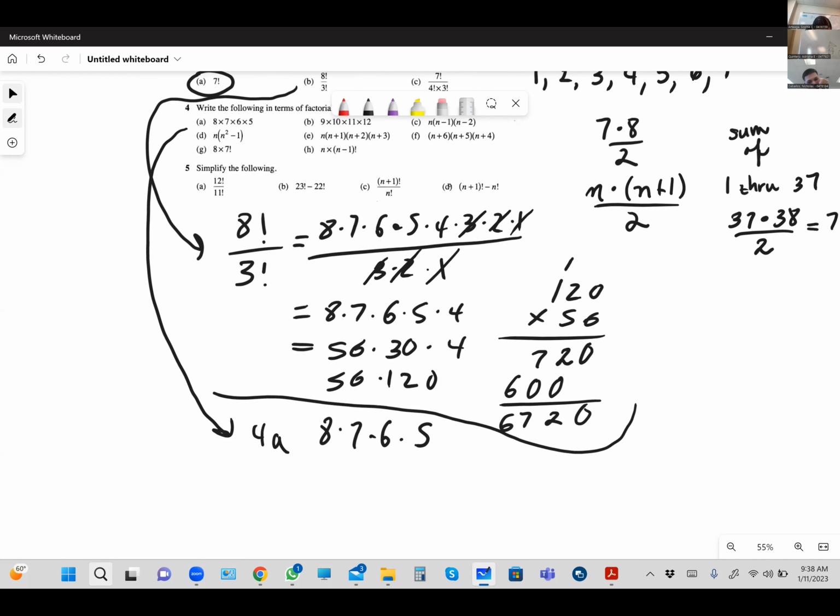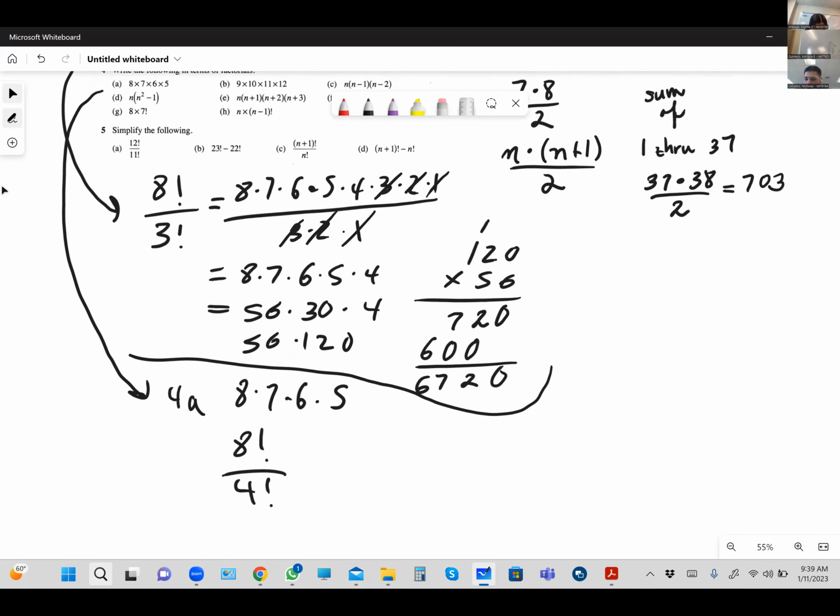Yes, that's exactly right. Easy, right? How about questions or concerns, guys? Anybody lost what happened there? Look, 8 times 7 times 6 times 5 times 4 times 3 times 2 times 1 divided by 4 times 3 times 2 times 1. That's how, you see?